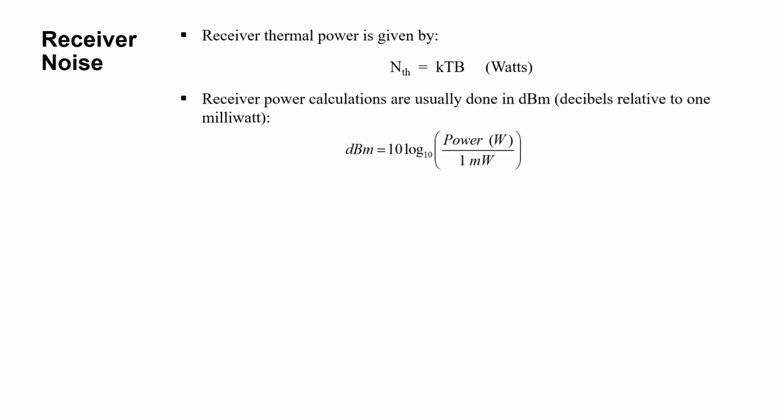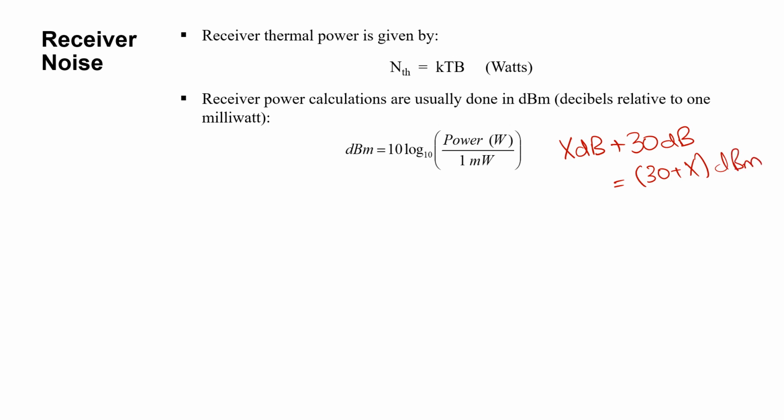So by general definition, dBm is 10 log of power in watt divided by 1 milliwatt. So there is a standard conversion of dB to dBm. On dB scale, if you have a value, say x in dB, and if you add 30 to it, then your answer will be in dBm.